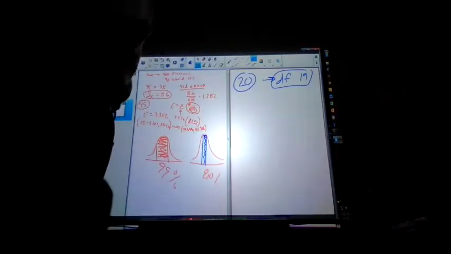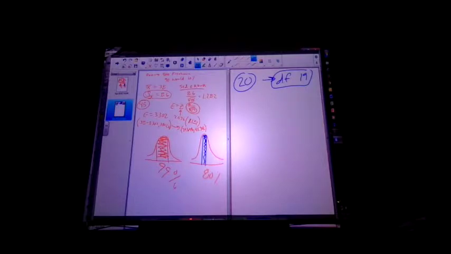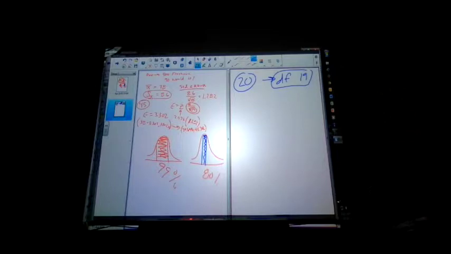So again, if we use our table, and we're still using the 99% confidence interval, and I'm going to use degrees of freedom 19. So degrees of freedom is 19, 99%. What did you guys find?